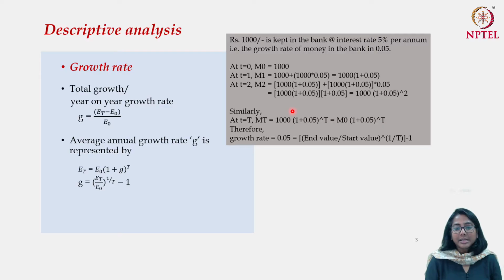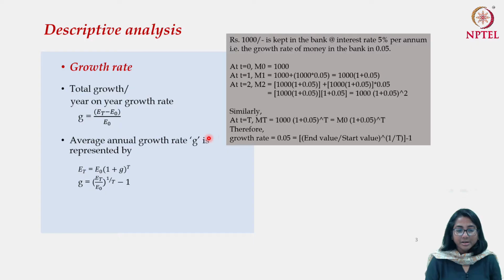So if we generalize it, after some time period, at t equal to capital T, that is my terminal point of time, the amount of money that the bank gives me back is MT, which is the initial amount, 1000, multiplied by 1 plus 0.05 whole to the power t, that is the time point. So this is essentially M naught multiplied by 1 plus the rate of growth to the power t.